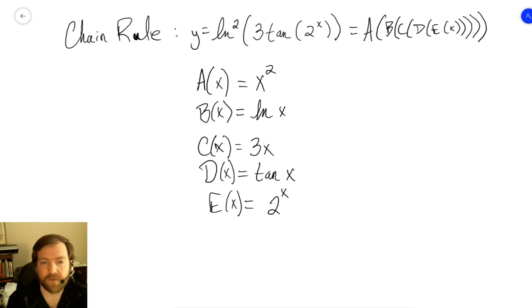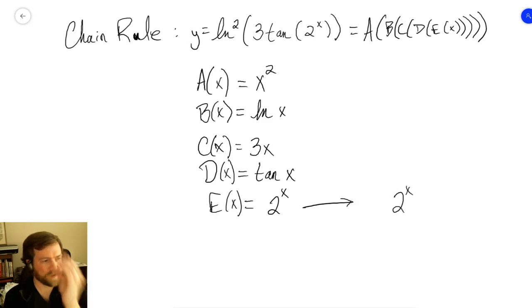All right, so what we're doing here is looking at this and saying, well, this is kind of a large function, and it's kind of gross, but it's doable. Now what we're going to do is say that e of x is still going to be 2 to the x, right?